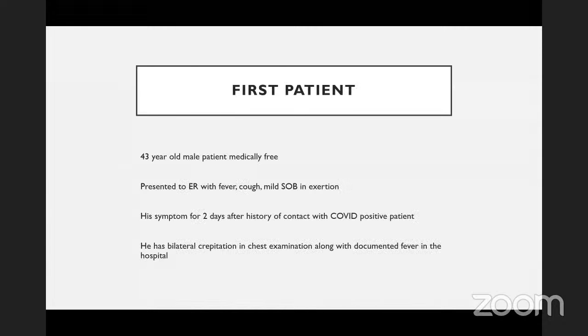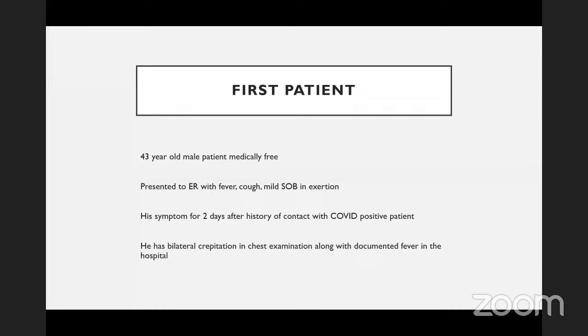Our first patient is a 43-year-old male, medically free, who presented to the ER with a history of fever, cough, and mild shortness of breath on exertion. His symptoms persisted for the last 2 days prior to the admission.